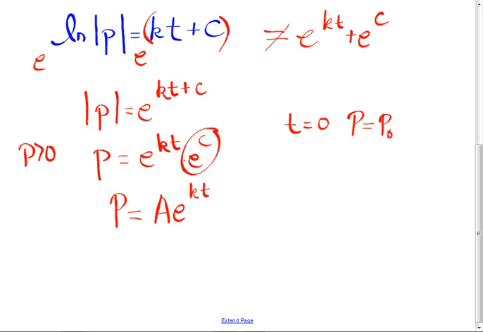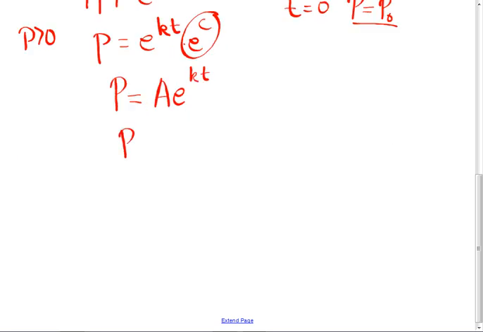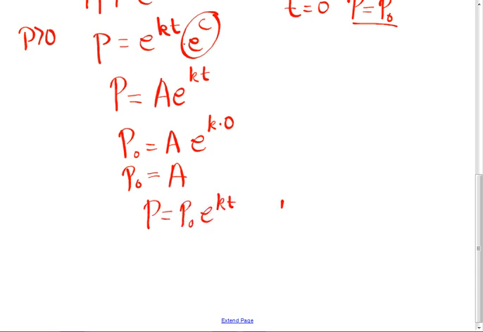I could have used P sub i. So I'm going to substitute this in for P. So P sub 0 equals A times e to the k times 0. What's A equal to? P sub 0. Does this look familiar? You might have seen it this way. That's PERT.